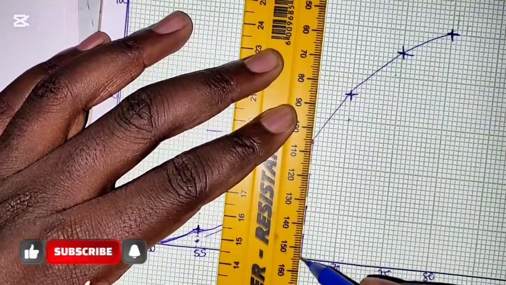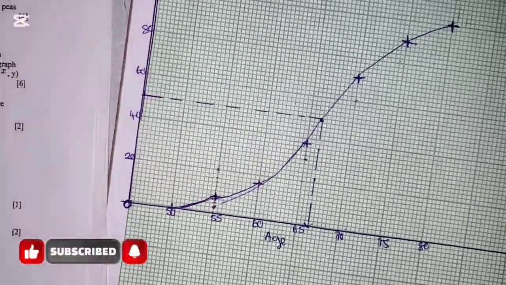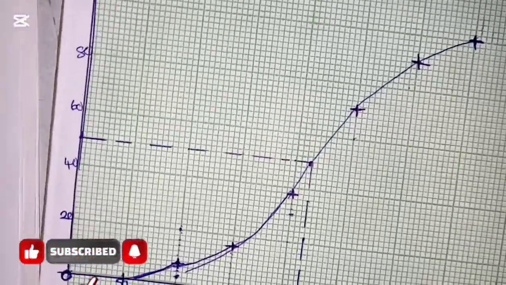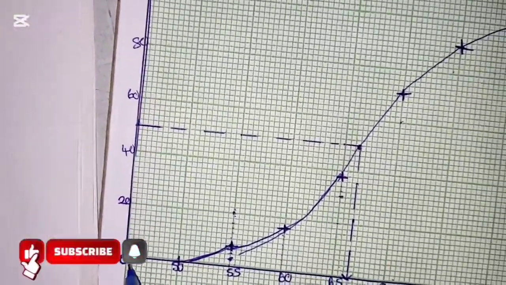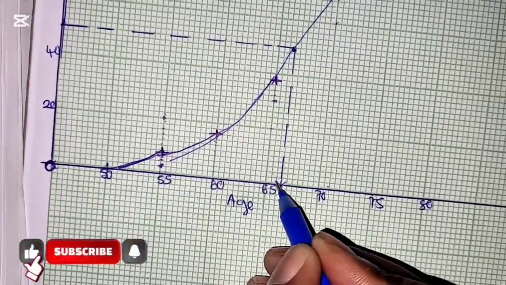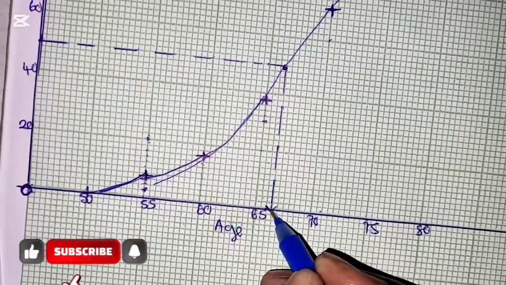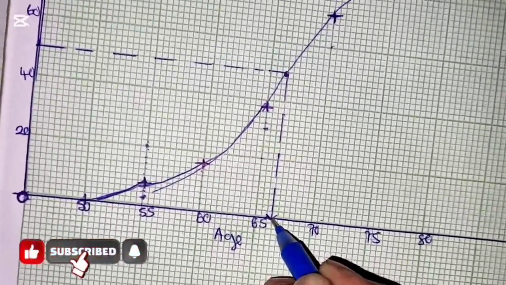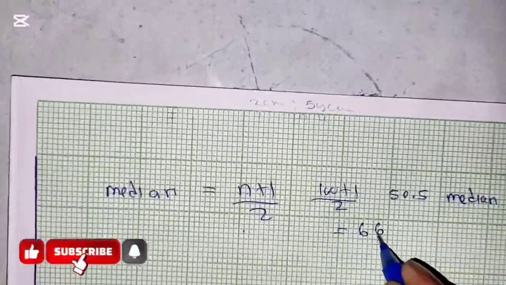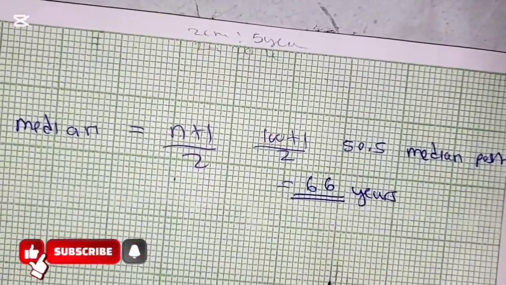All the values of the median, we find them on the x-axis. So this one is 60, and according to our scale, 55, so these two boxes make 66.5. We can round it off to 66.